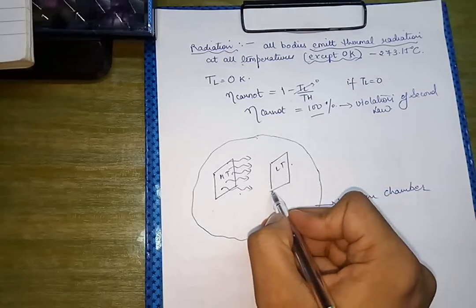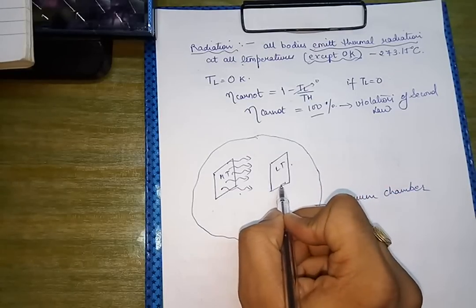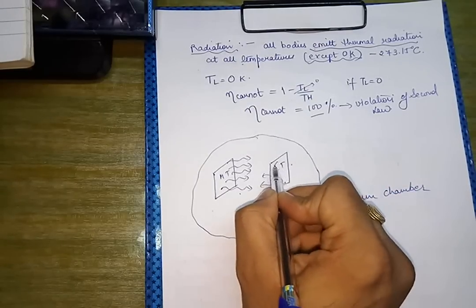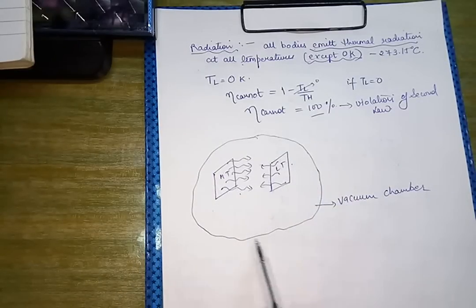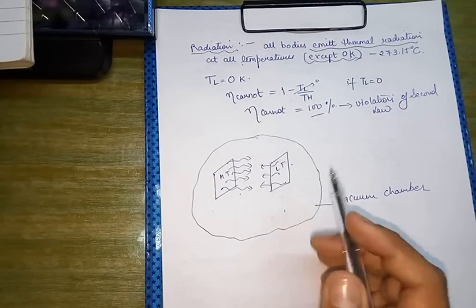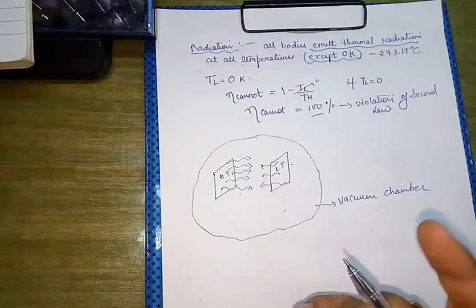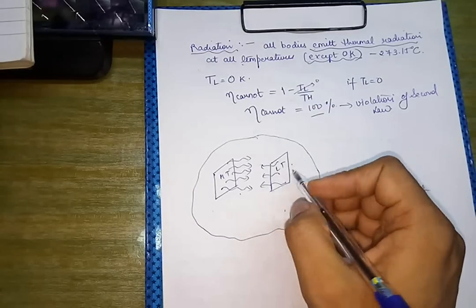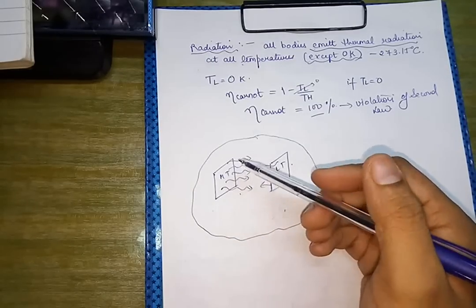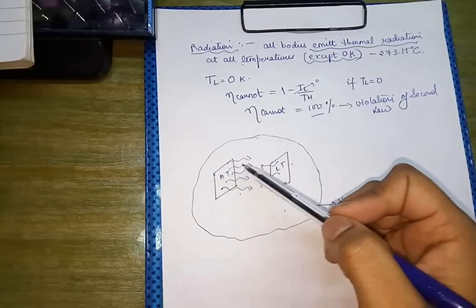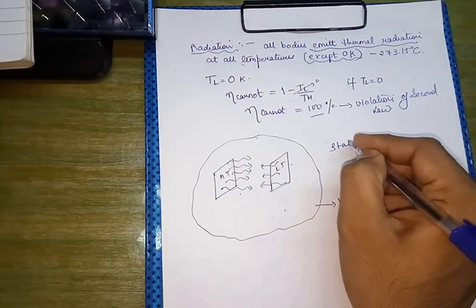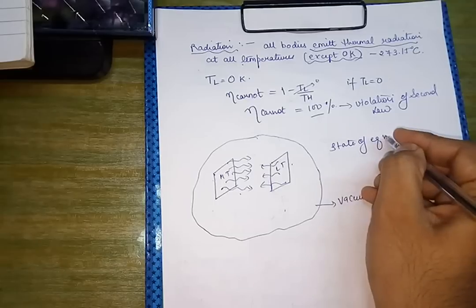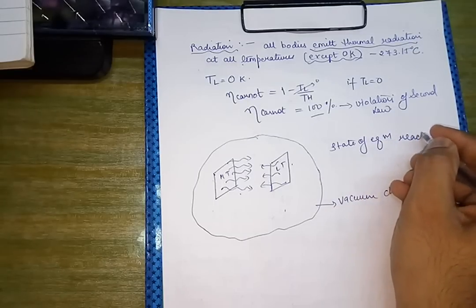But the plate which is at a lower temperature will give out less radiation. If they are both kept in the vacuum chamber and left undisturbed, then what will happen? Radiations will be transferred from one plate to the other plate, and a state of equilibrium will be reached.